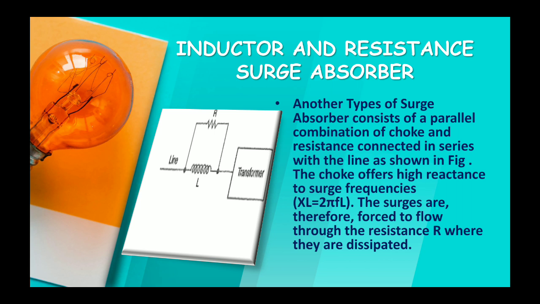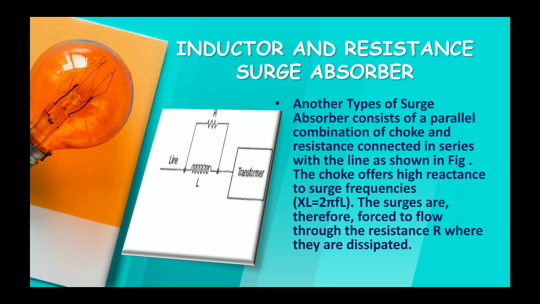According to the figure, the choke offers high reactance to surge frequency, that is XL equals 2 pi fL. When the surge occurs, what will happen? We know the surge frequency is very high compared to the normal system frequency. The normal system frequency is 50 Hz, but the surge frequency is much more than the normal frequency.